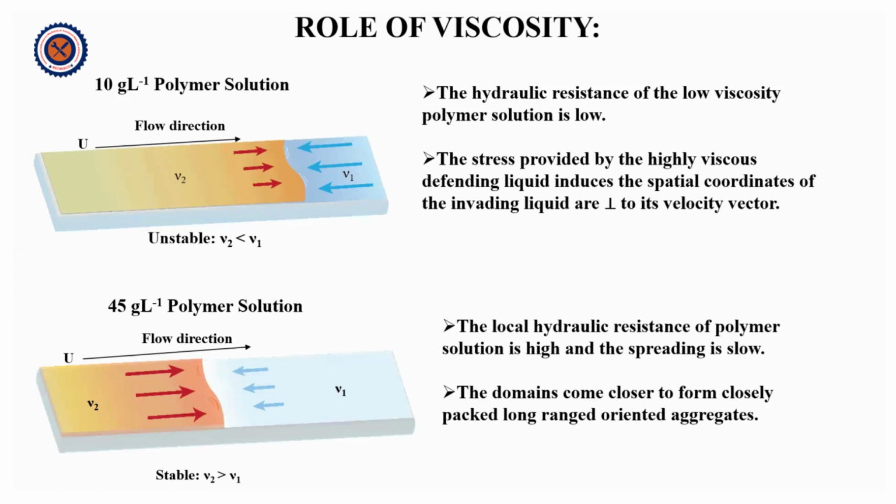The domains come closer to each other and they form closely packed, long-range ordered aggregates. The ordering is in the same direction as the flow, unlike the above case. This is called a stable viscous system.